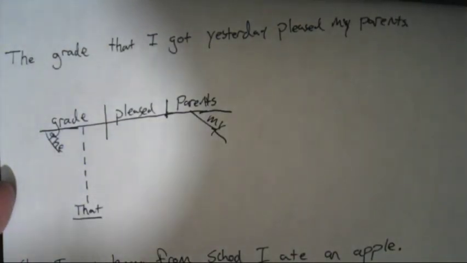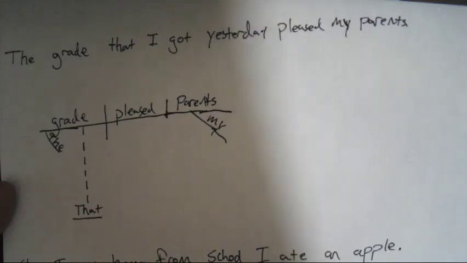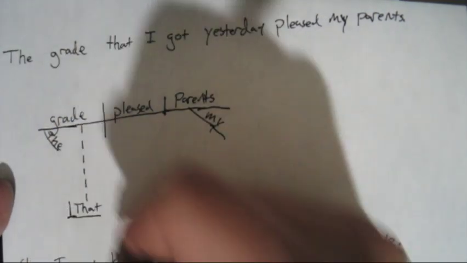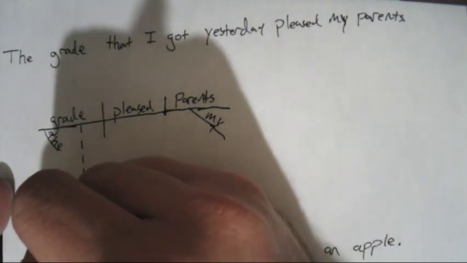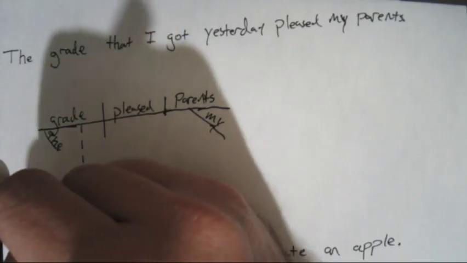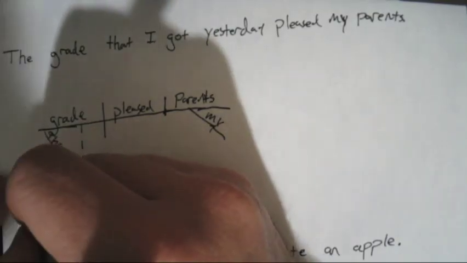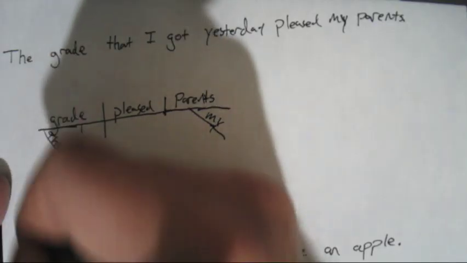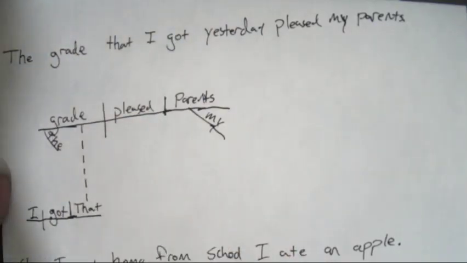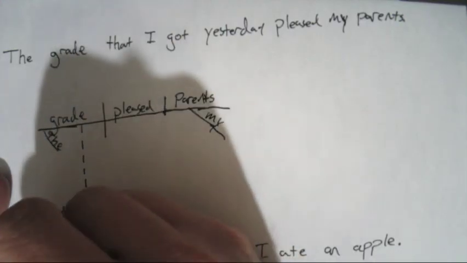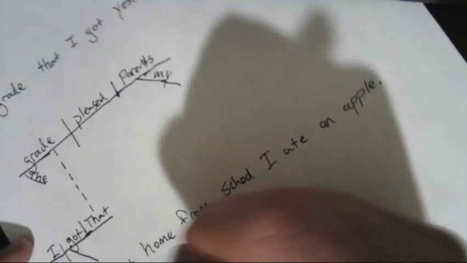Because that is actually a direct object. Right? Because it is what was got. And who got it? You guessed it. I got that. That I got. When was it gotten? Yesterday.